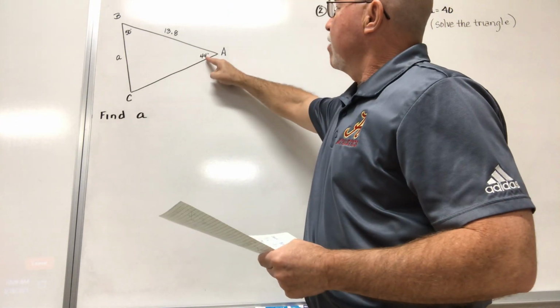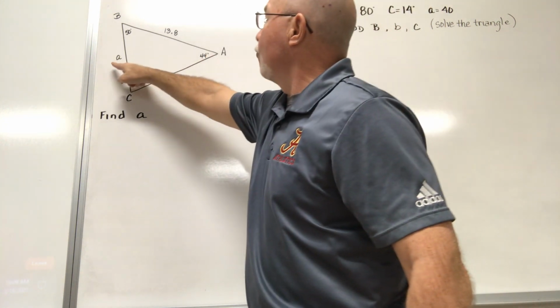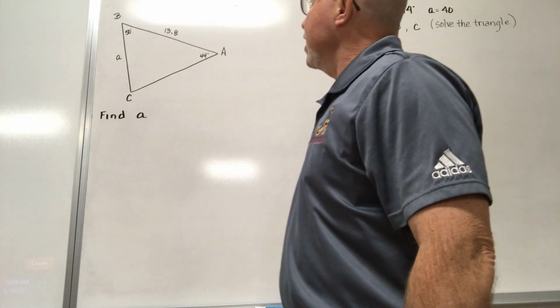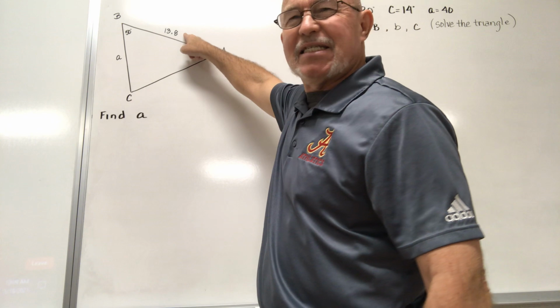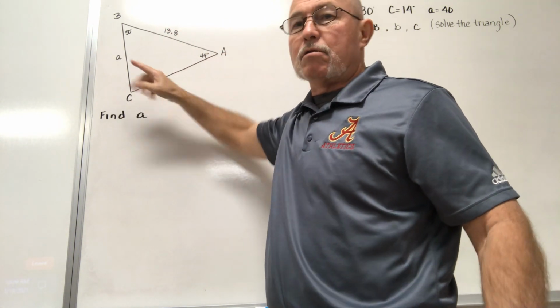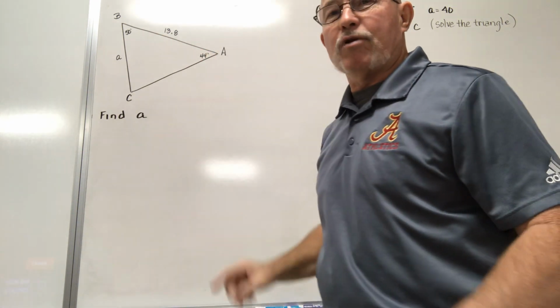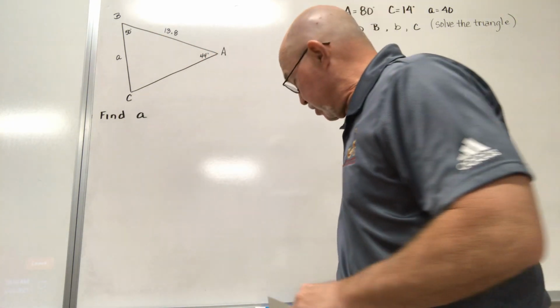So I've got the angle A, so I'm going to go sine of A over a. And then what I've got to do, I've got this side. Well, wait, doesn't that mean I need this angle? Think back to triangles. How many degrees do I have in a triangle? 180.